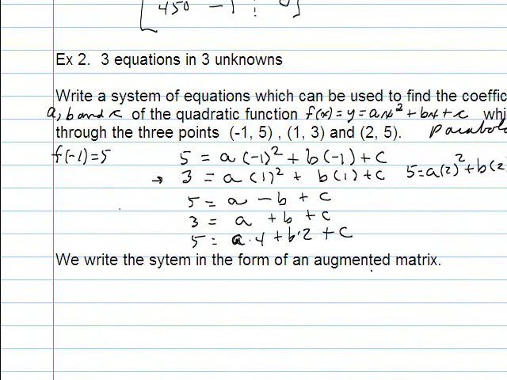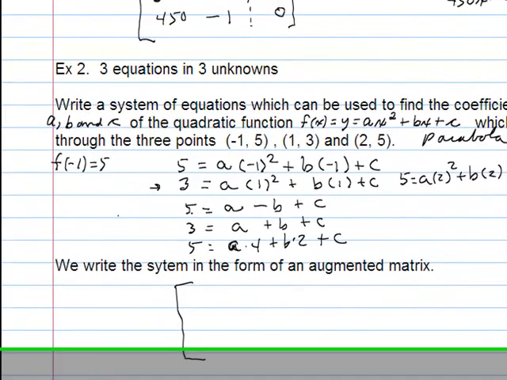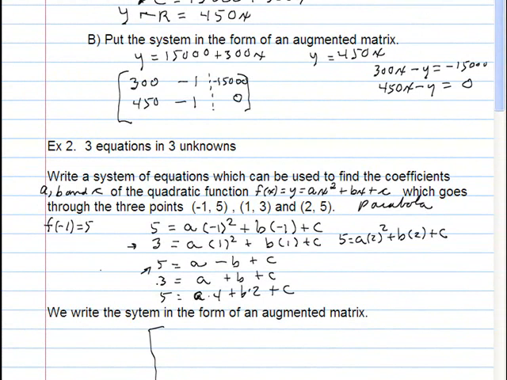Now if I want this in the form of an augmented matrix, I want my a's, b's, and c's on the left lined up in alphabetical order, and I want my dotted line at the end with my constants 5, 3, and 5 on the other side. So I'm going to rearrange them here. And remember, I only want the coefficients. I don't want to put here A's, B's, and C's.